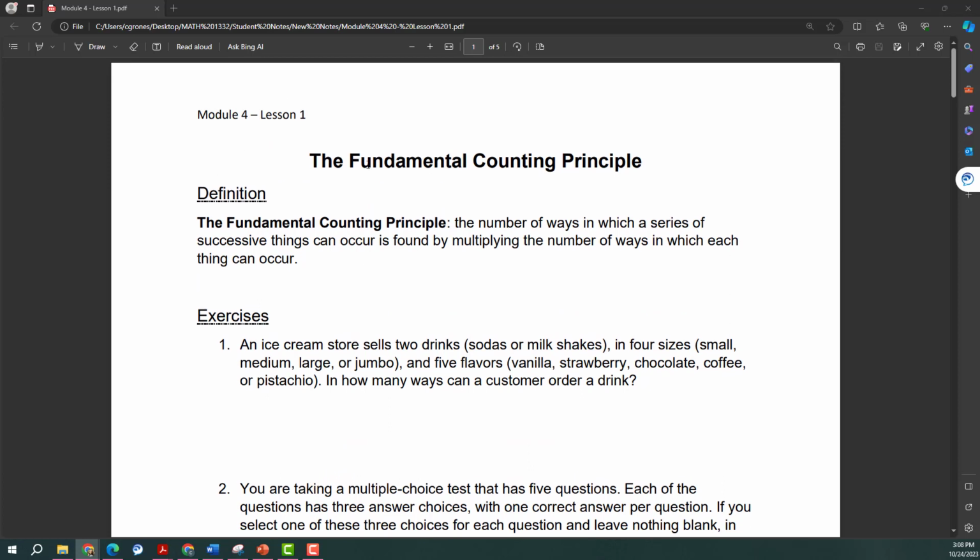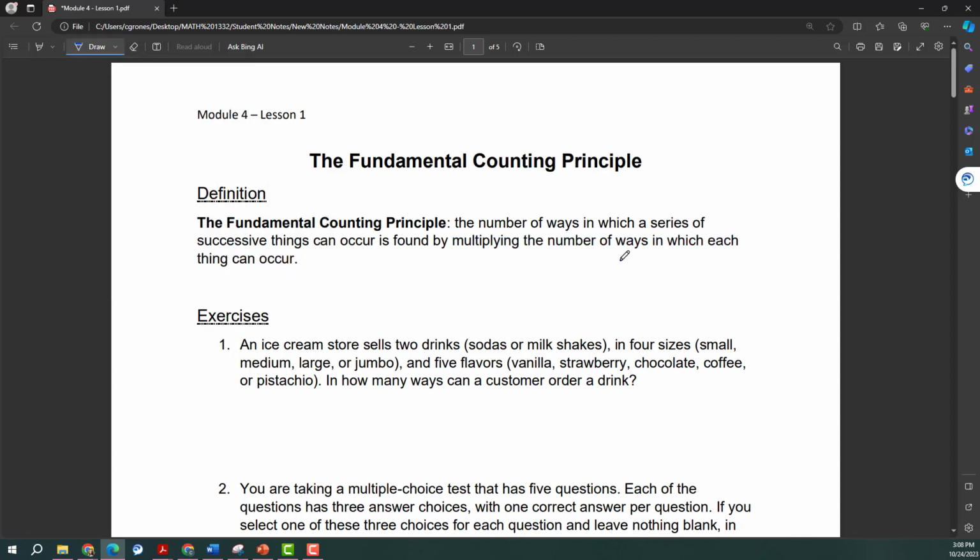So the first part is over the fundamental counting principle. The fundamental counting principle is just the number of ways in which a series of successive things can occur, and it's found by multiplying the number of ways in which each thing can occur. So what this is, is the number of possible outcomes in a given situation.